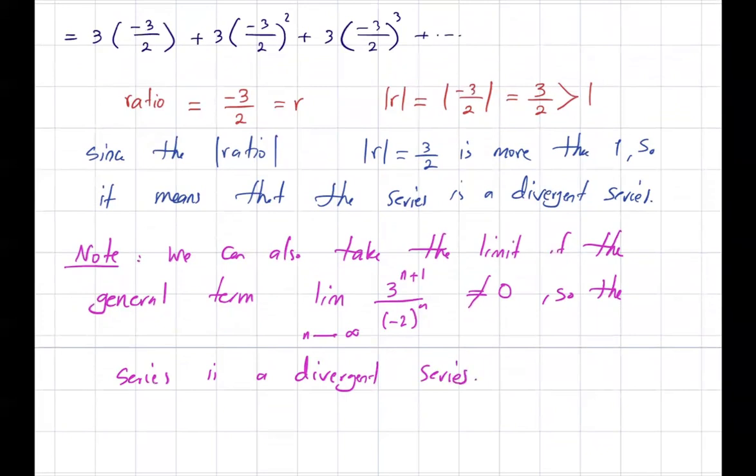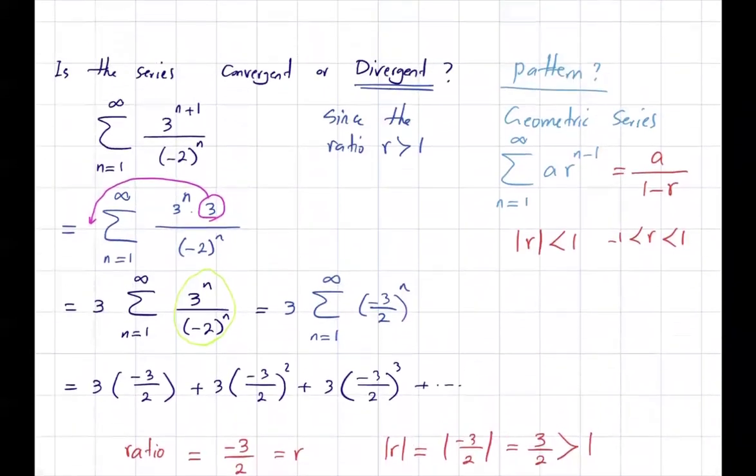If the question says, hey, recognize the pattern, what is the name of this series? you should be able to recognize the pattern and say that we are dealing with a geometric series. On the homework or the exam, if I ask you what the ratio is, you should be able to recognize the ratio as -3 divided by 2.